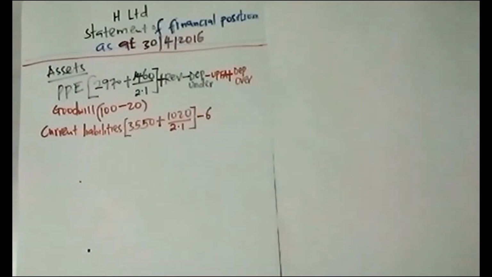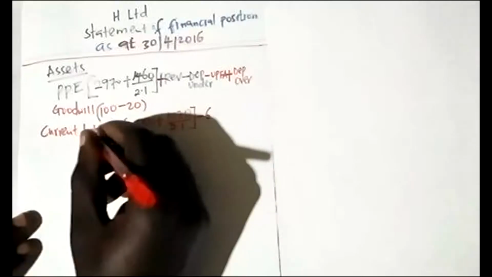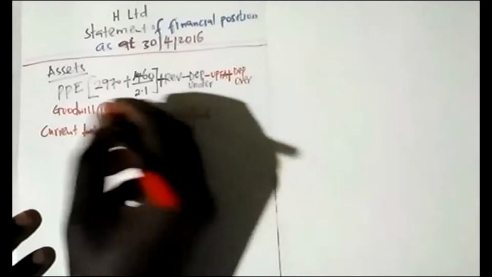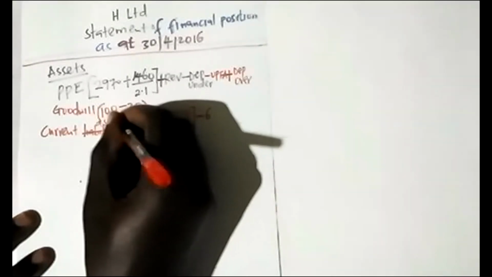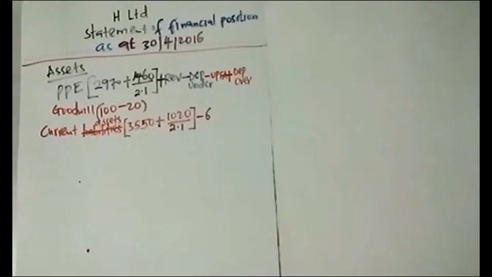So why am I minusing 6? On this case, remember current assets, not current liabilities. These are assets. So I've recorded wrongly. So that is assets. For the current assets, remember the current assets contain inventory, which is the closing inventory. Under closing inventory, we always subtract the profit on stock, and we add goods in transit.